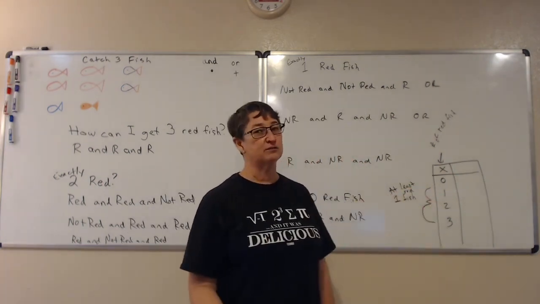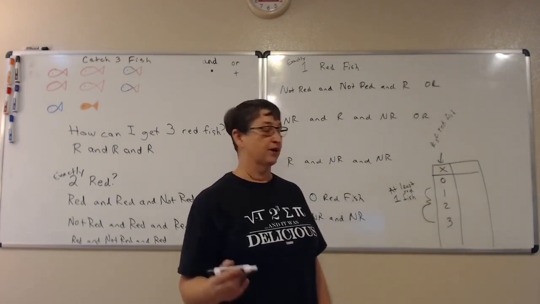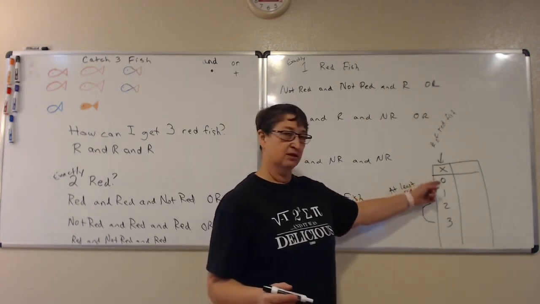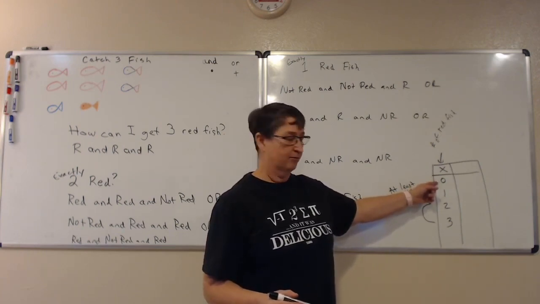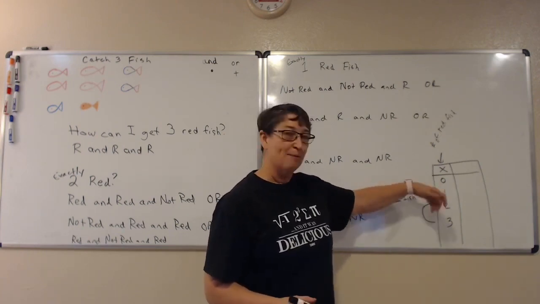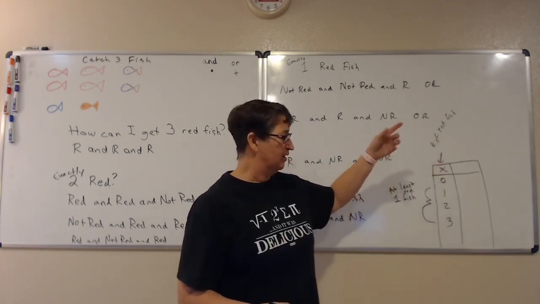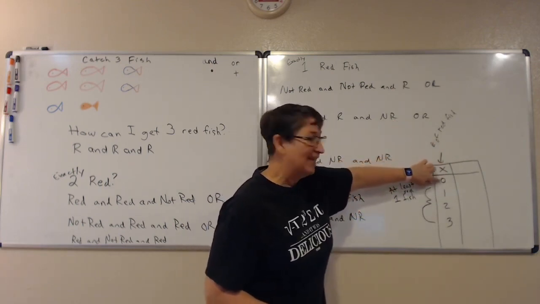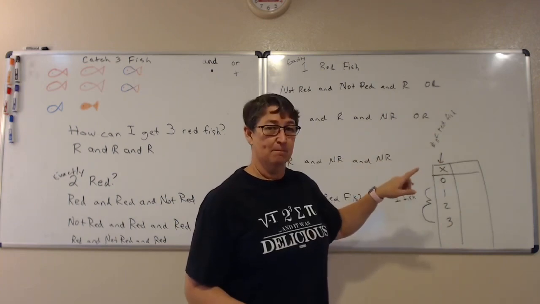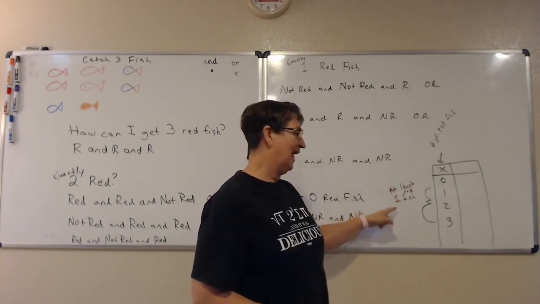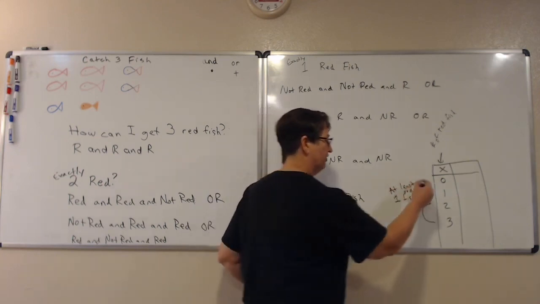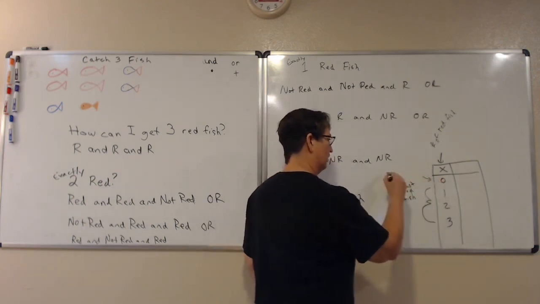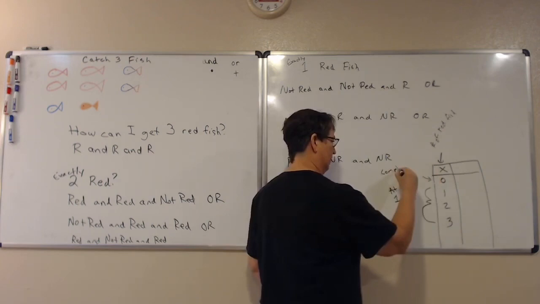Now notice on this, who's missing? The 0 is not included in that. The 0 makes up the rest of the set. That 0 is the complement to at least 1 red fish.